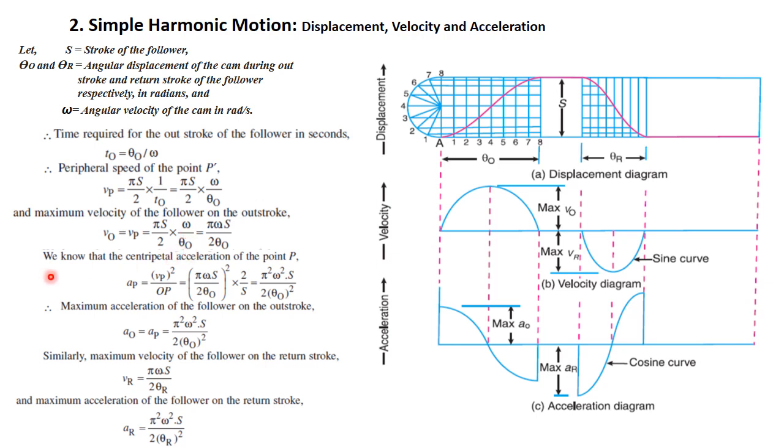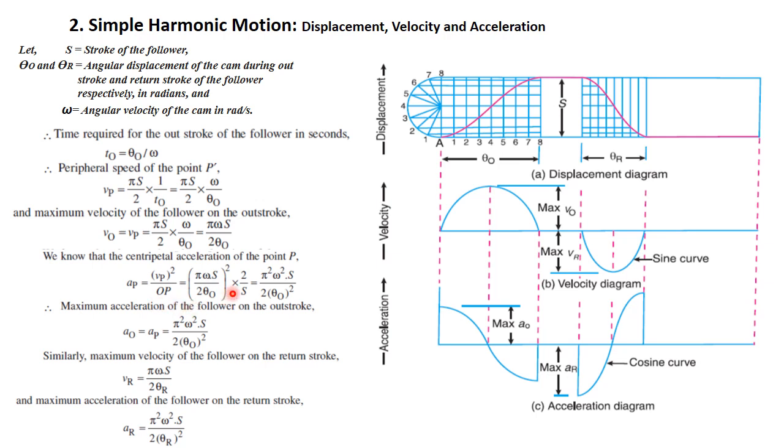Now as far as acceleration is considered, acceleration is v square by r. So already we have seen Vp, which is nothing but pi omega s by 2 theta naught, and OP is nothing but half of the diameter of the circle, that is s by 2.